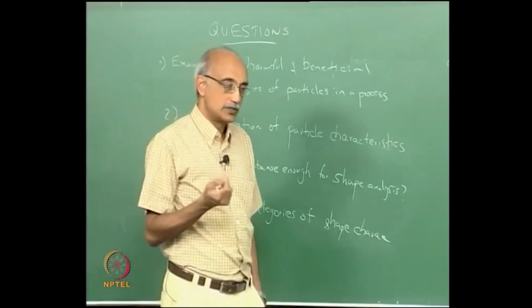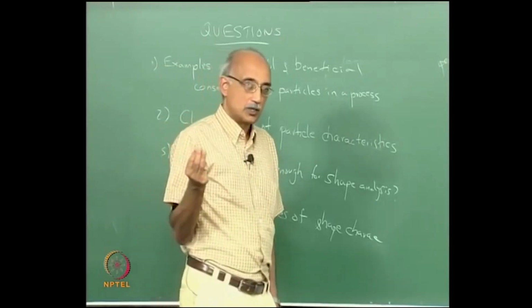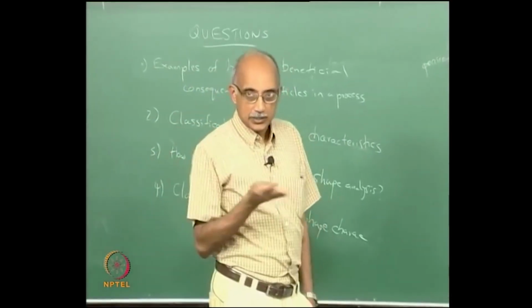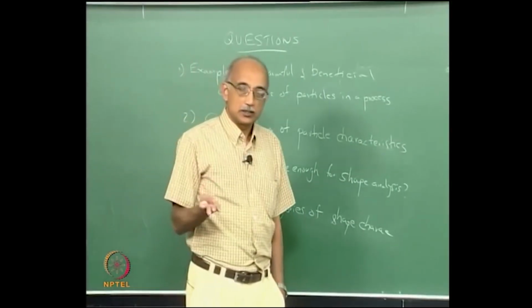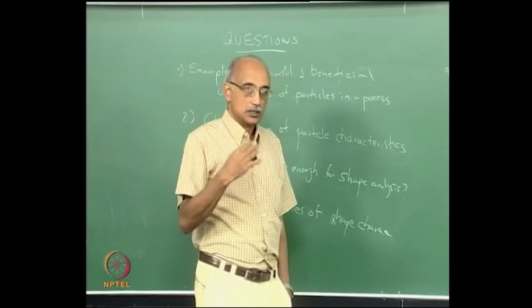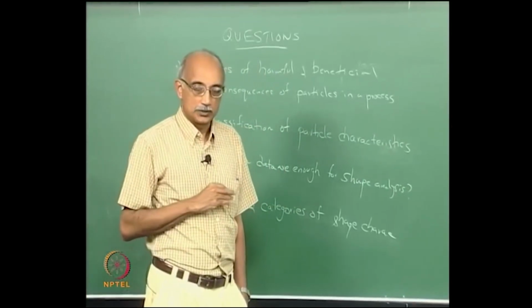For single particle analysis, we have 3 methods. One is based on distance between tangents that are parallel to the contour of the particle, then we have the shape comparators method, and the third was the lengths of specific intercepts of the particles.